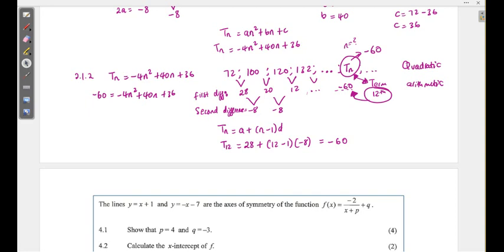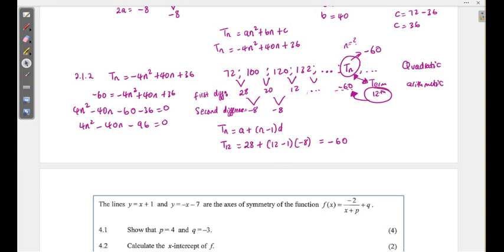So to solve for the position, you can take the 4n squared this side, and then have the negative 40n this side, and then say negative 60 minus 36. That should give you 4n squared minus 40n, and then minus 96 there.